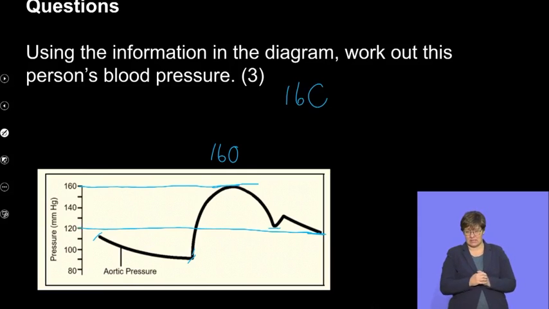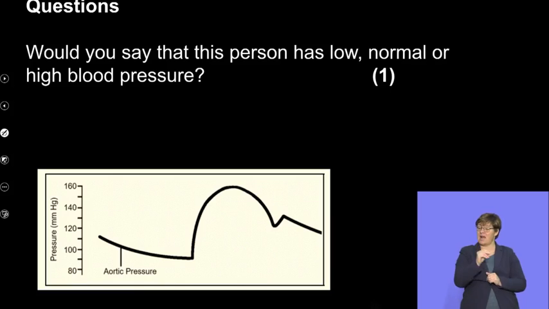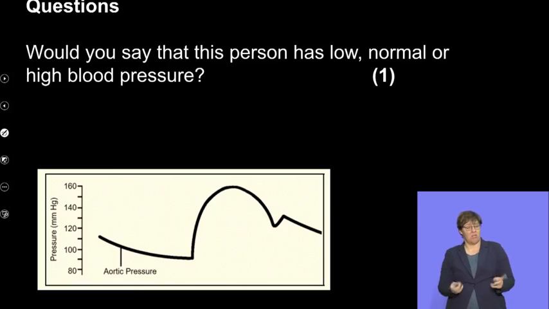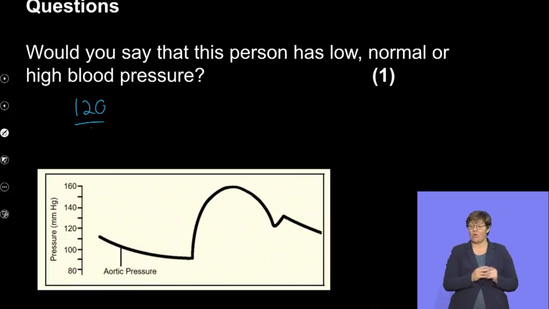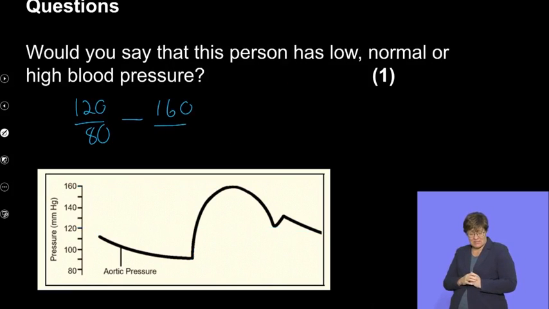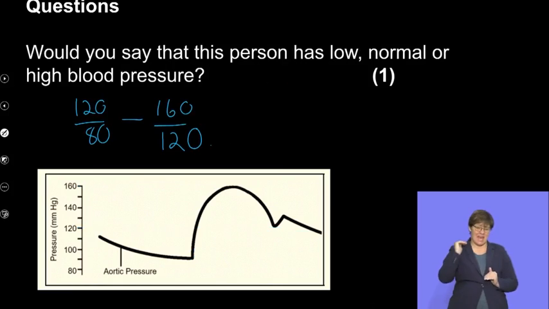So this guy's blood pressure is 160 over 120. Now, if I was to ask you the next question, do you think it is normal, low, or high, if the normal is 120 over 80 and this guy is 160 over 120? He definitely has high blood pressure.